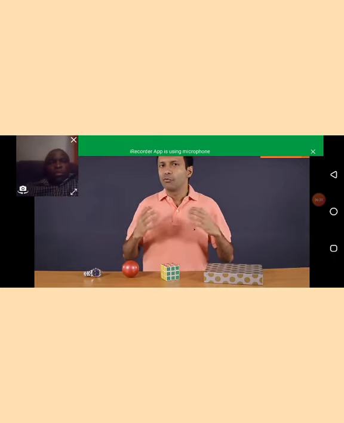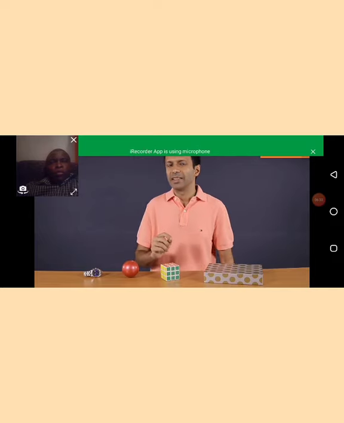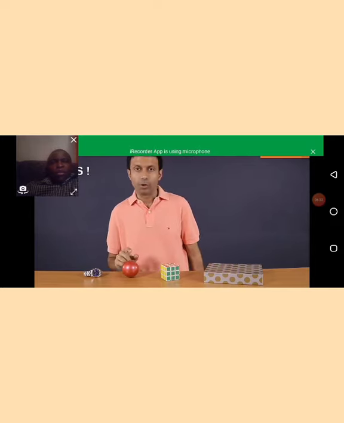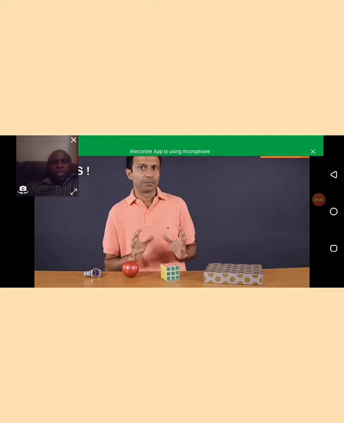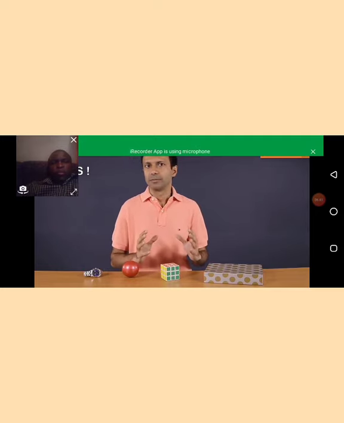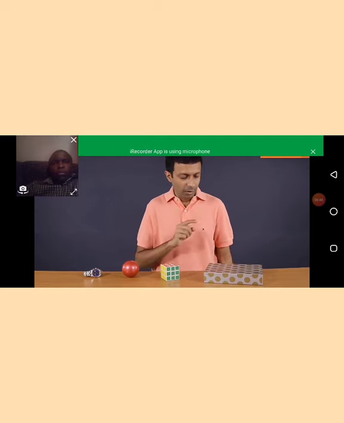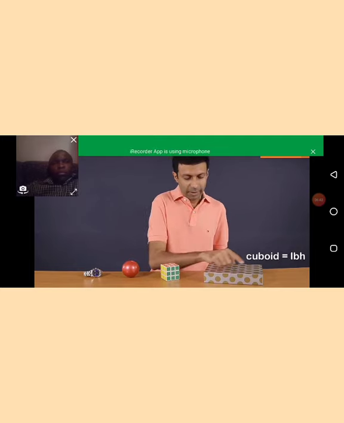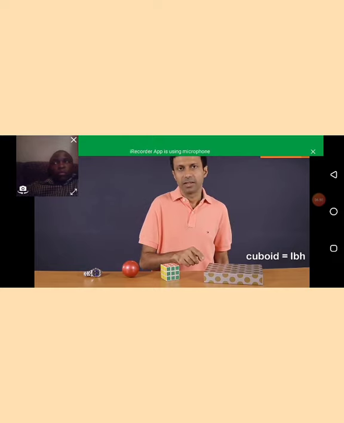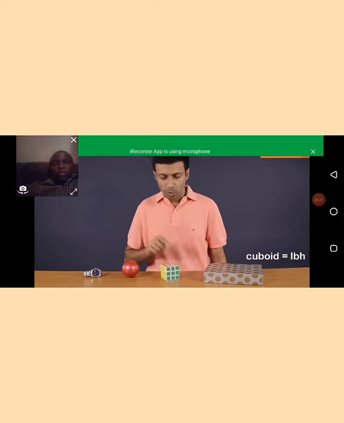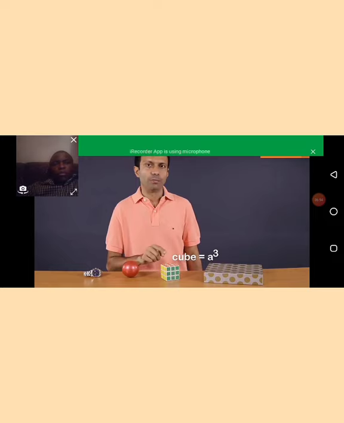Now, do solids have a fixed volume? Again, the answer is yes, because the space that the solids occupy does not change. Definitely, the volume is fixed, and we can calculate that volume. For example, the volume of a cuboid is length times breadth times height. The volume of a cube is side cubed.